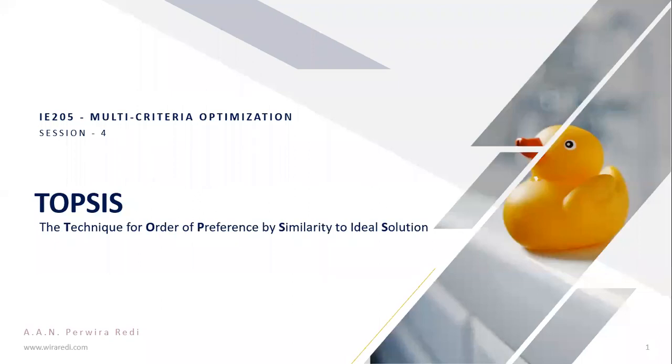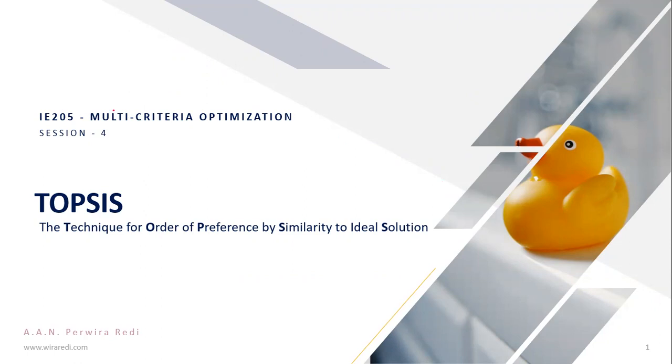So by the name, you can already guess that this technique tries to select from several options based on the preference, which is measured by how similar those alternatives are to the ideal solution.